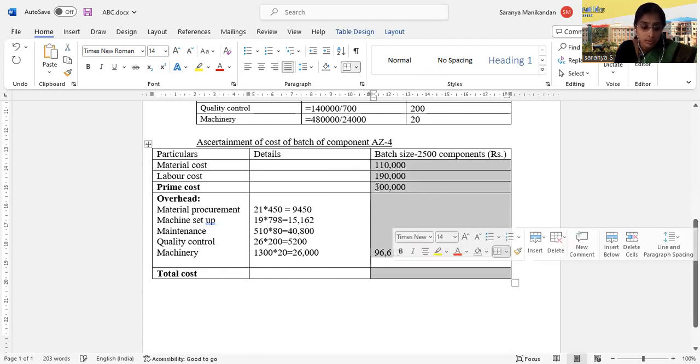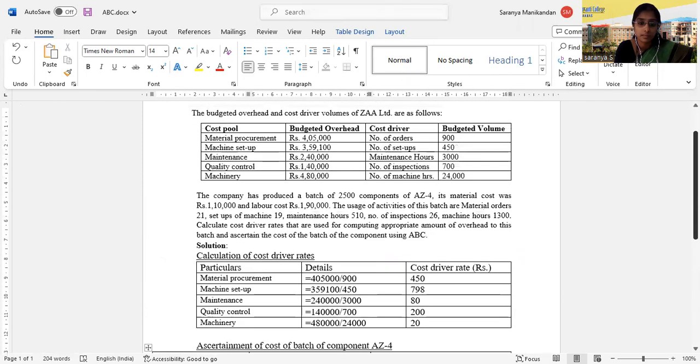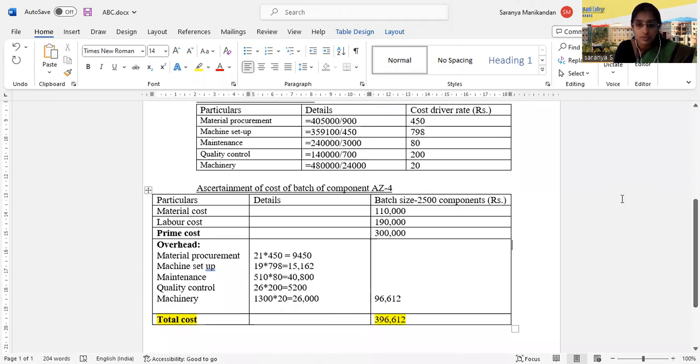So when we do 3 lakh plus 96,612, we get the total cost as 3,96,612. So this is how we should find out the cost of the batch of component using the ABC method. I hope you understood. Thank you.